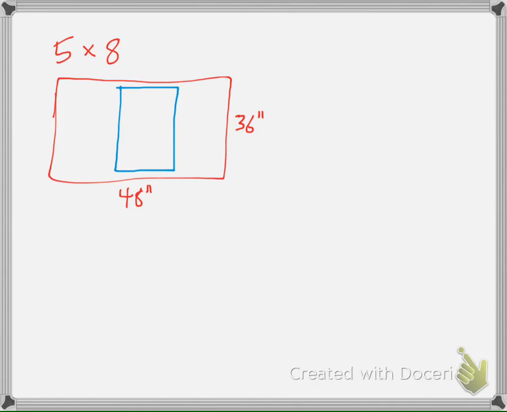So you know that this measurement has to be what? 36. Well, the poster board is 36 inches tall, right? So the long measurement needs to be no more than 36. And let's say you wanted to give it an inch on top and bottom, a little border or whatever.